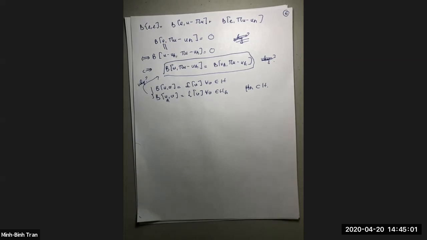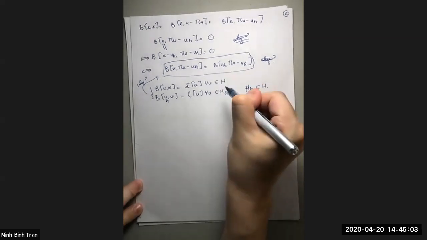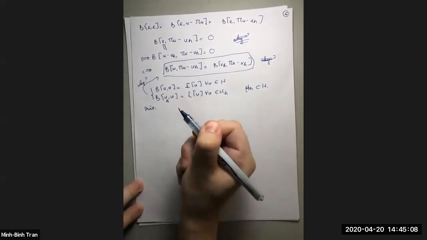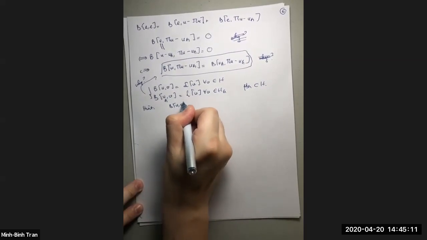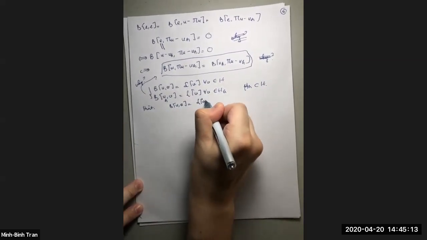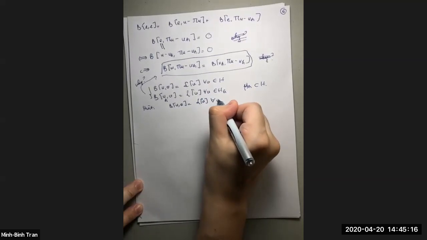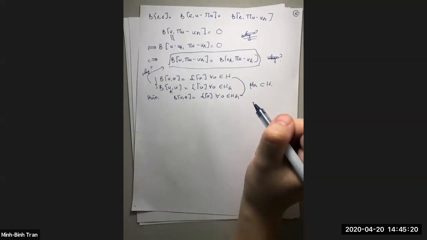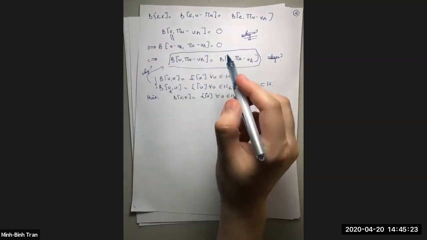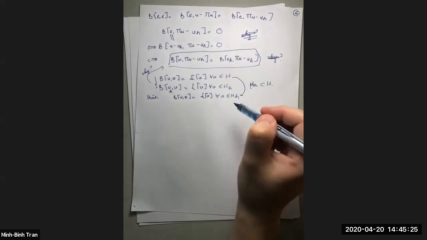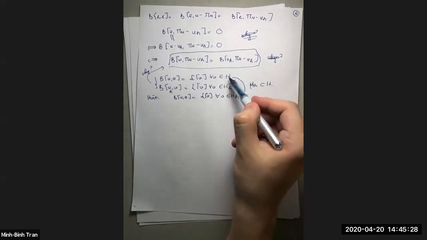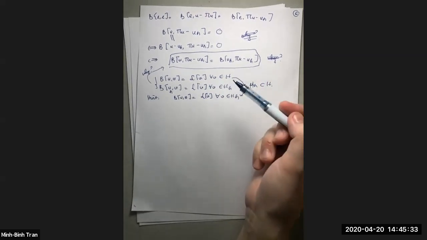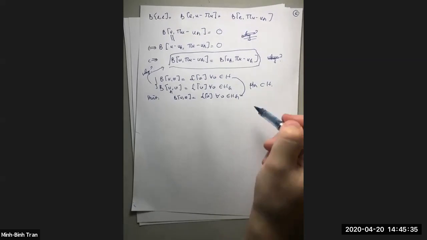No? Again. So another hint, right? You have B(u, v) is equal to L(v) for all the v in H, right? So from the first identity, B(u, v) is equal to L(v) for all of the v in H. Because this is true for all of the v in H, it has to be true for all of the v in H_h, right?